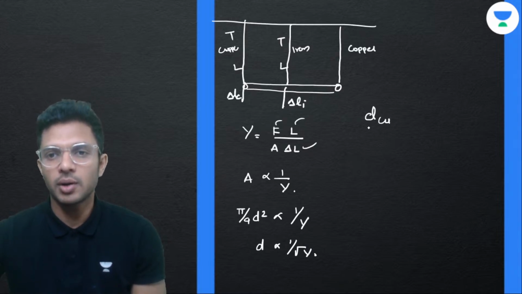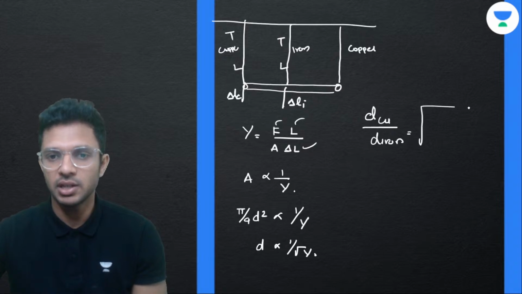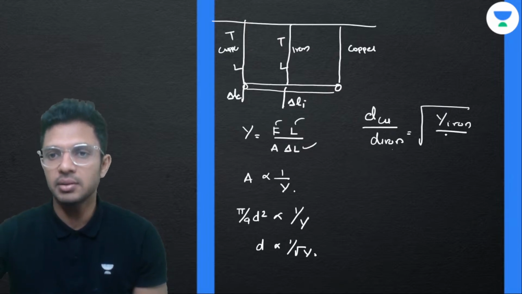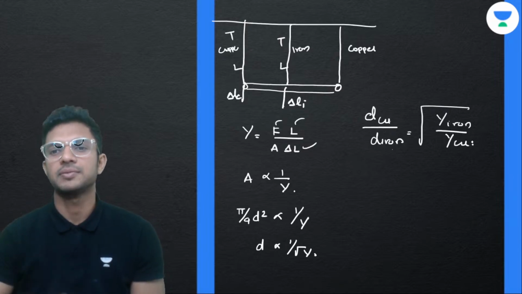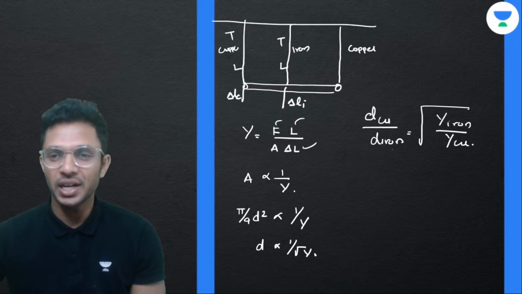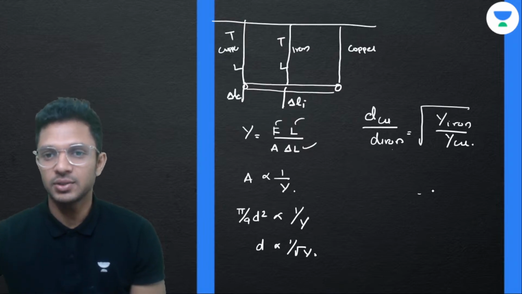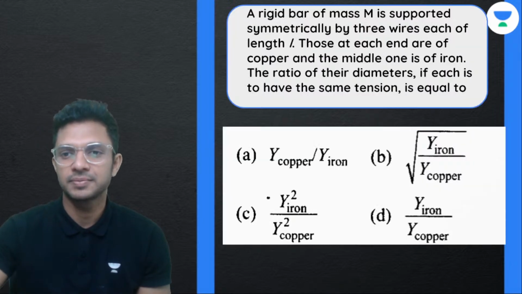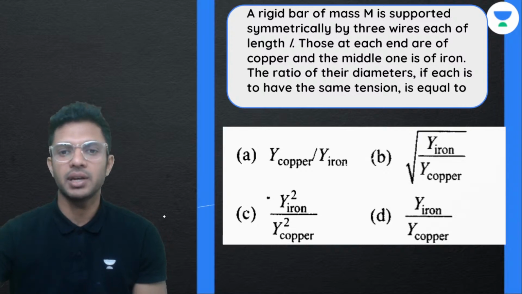The diameter of copper to the diameter of iron, that will be a root of inversely proportional, right? So d copper by d iron will be equal to root of Y of iron by Y of copper. So that itself will be our answer. Option B is our correct answer.